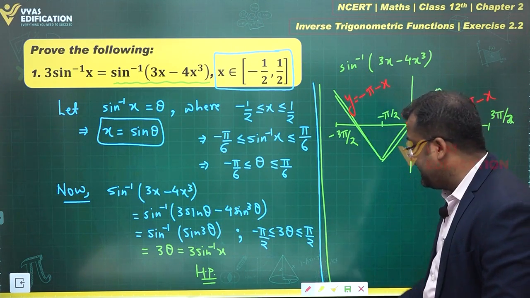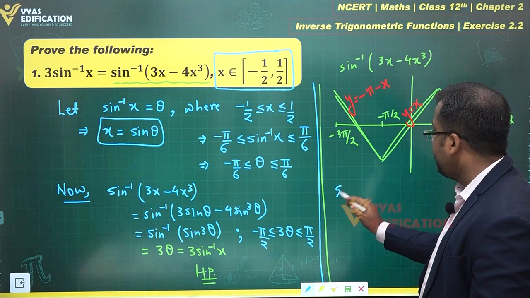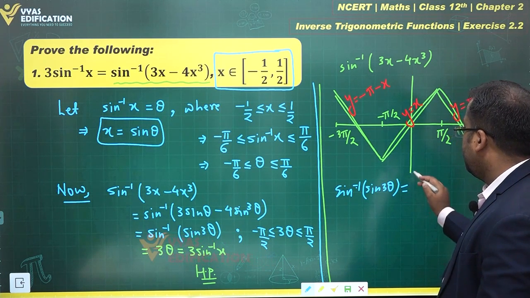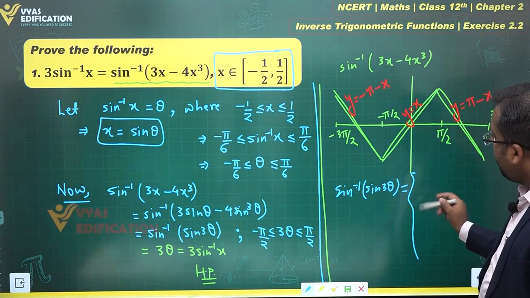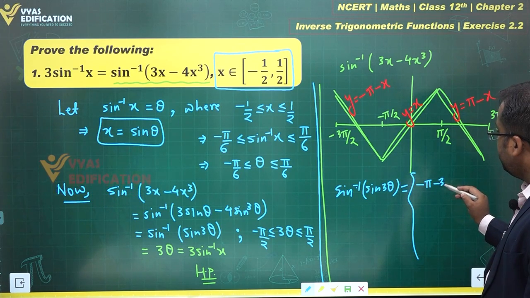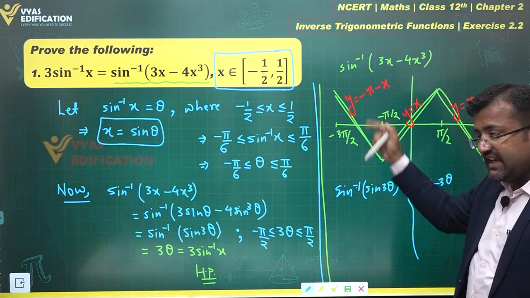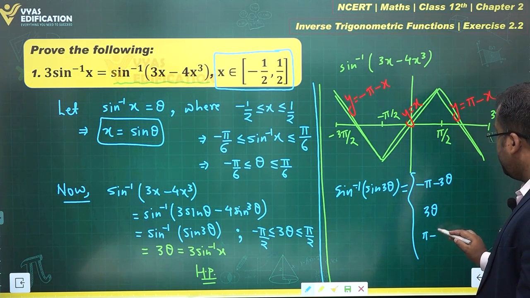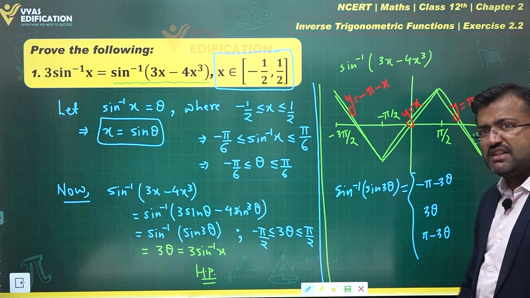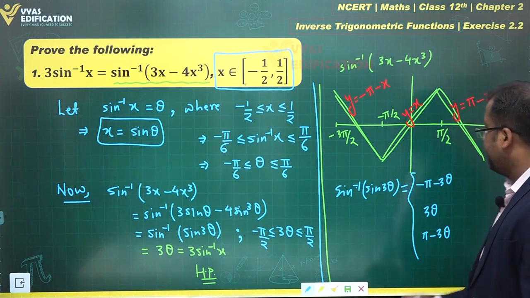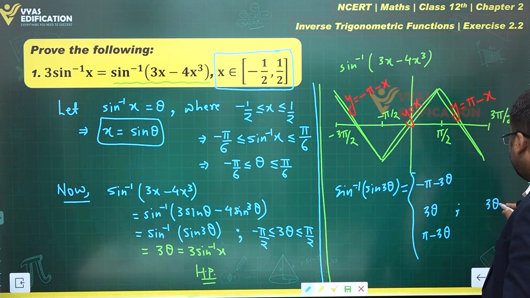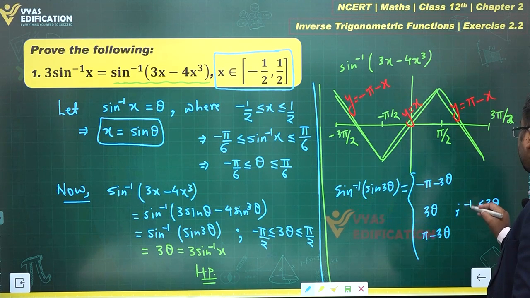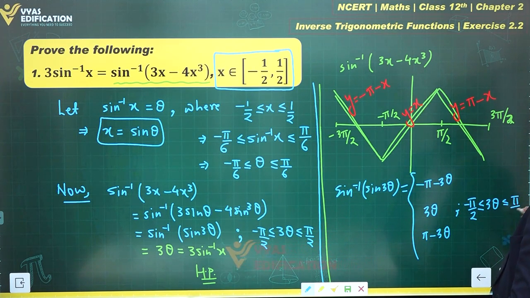What happens to sin inverse sin 3 theta? The value of sin inverse sin 3 theta will be equal to minus pi minus 3 theta, that is minus pi minus x. This can be equal to 3 theta, or this can be equal to pi minus 3 theta. Pi minus x will imply pi minus 3 theta when 3 theta lies in the interval minus pi by 2 to pi by 2.